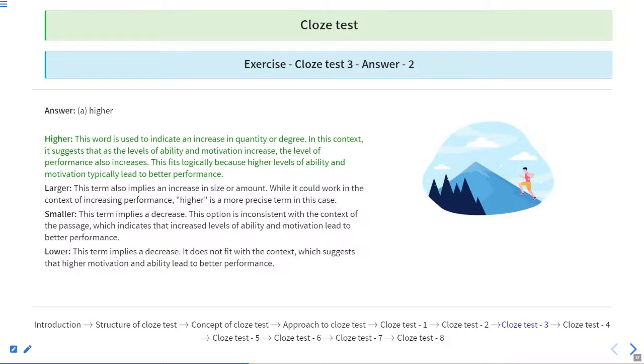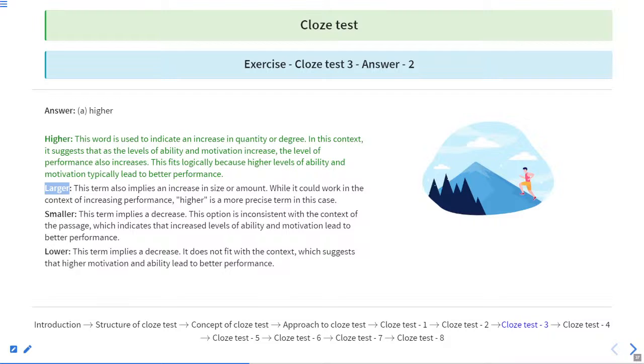Why can't we use larger? We can't use larger because this term, although also implying an increase in size or amount, it could actually work if higher wasn't there. So instead of higher, some other word was there. Larger may have been used, but actually between them, higher is a more precise term.